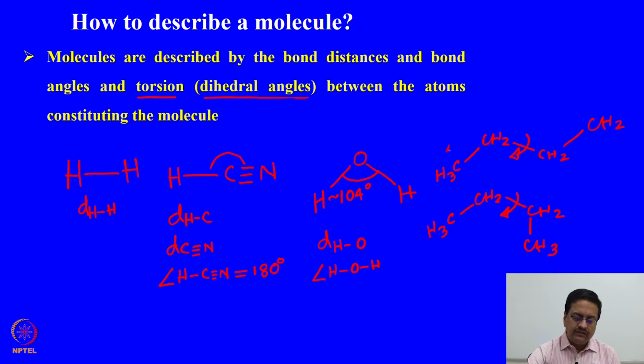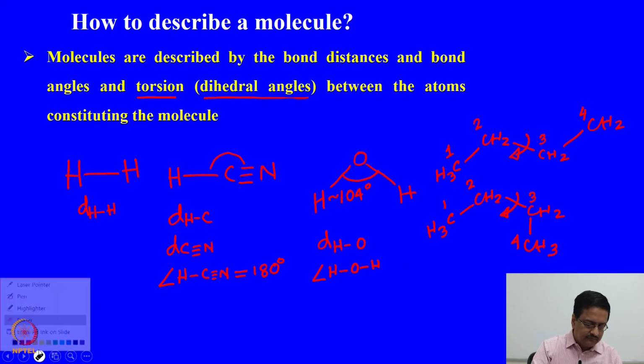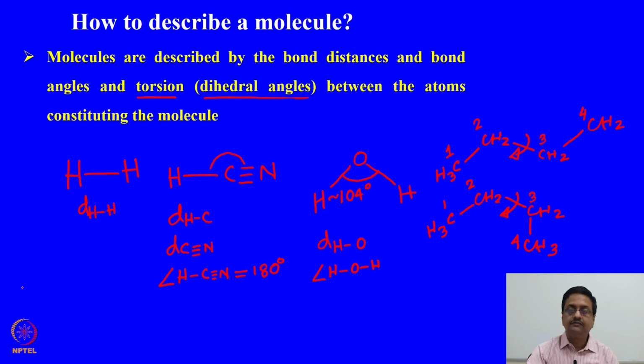So, the angle between the plane formed by atoms 1, 2 and 3 and the plane formed by atoms 2, 3 and 4 is called the torsion angle.